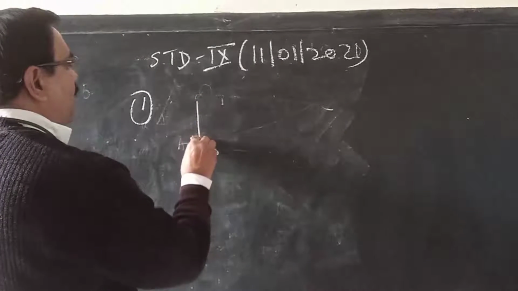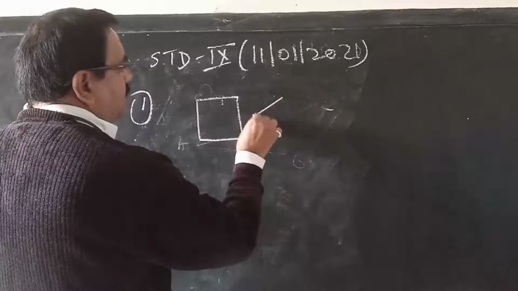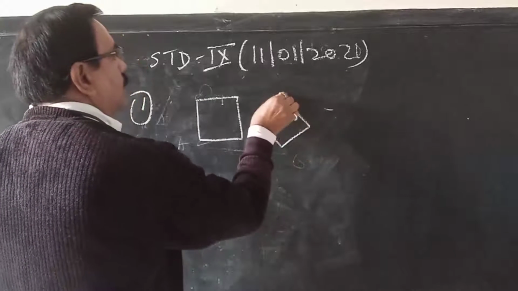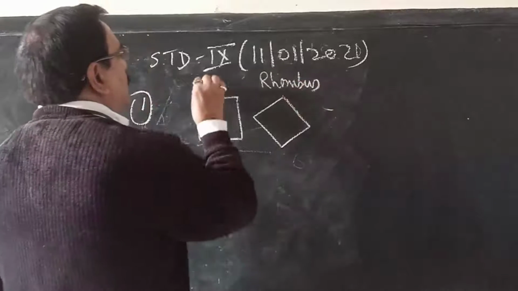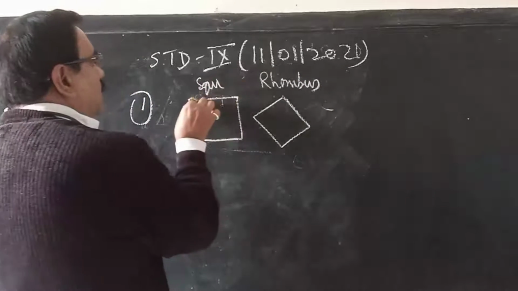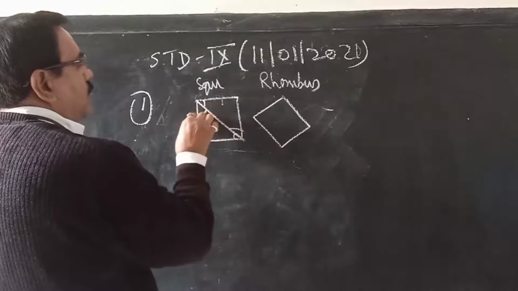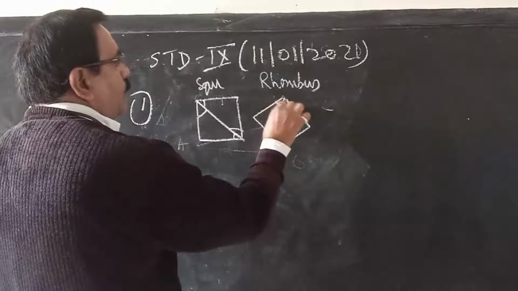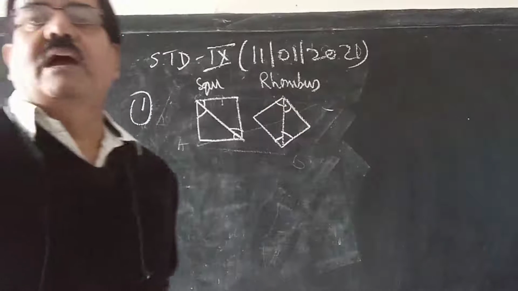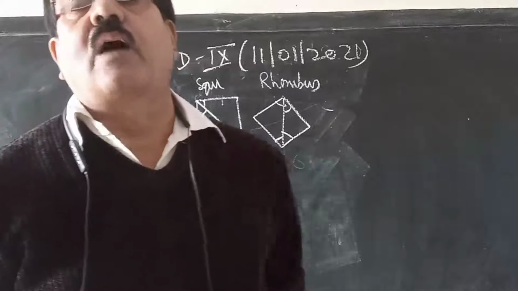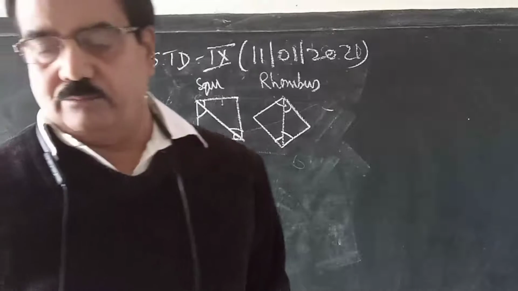This is a square. This is the rhombus. In a square, the diagonal bisects this angle. So diagonals bisect the vertex angle in a square and rhombus, not in a rectangle, not in a parallelogram.